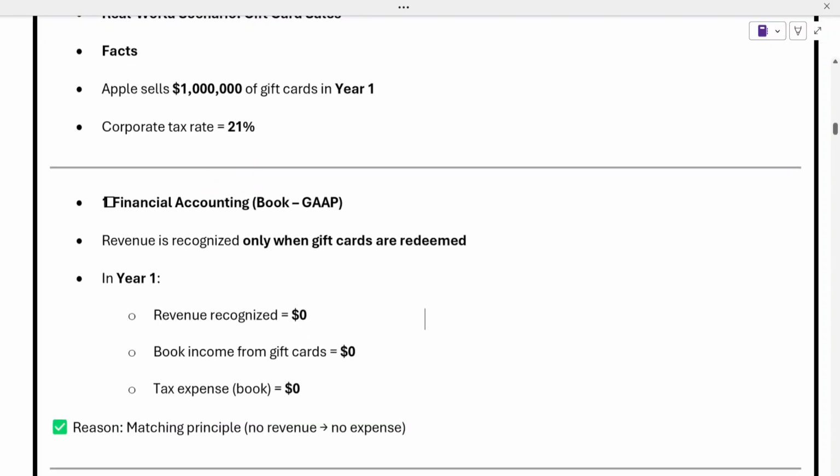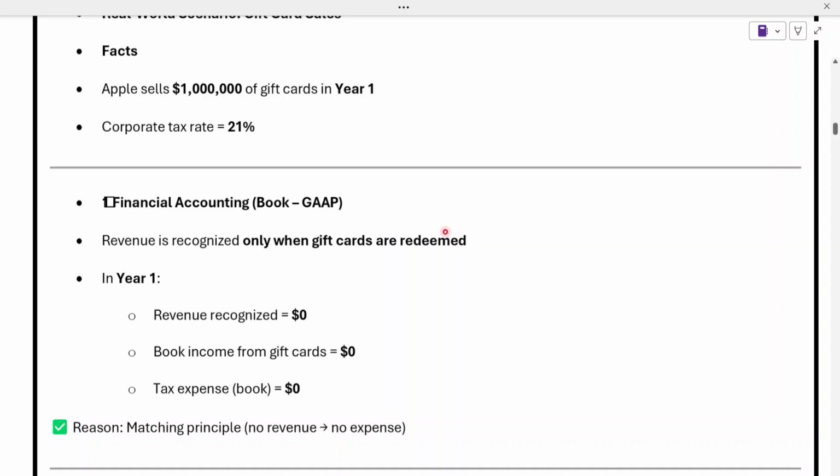Now what will happen? Revenue is recognized only when the gift cards are redeemed, because as per the revenue rules or as per GAAP, you sell the gift card but people have not redeemed those gift cards, so you cannot recognize the revenue in your books. Why?